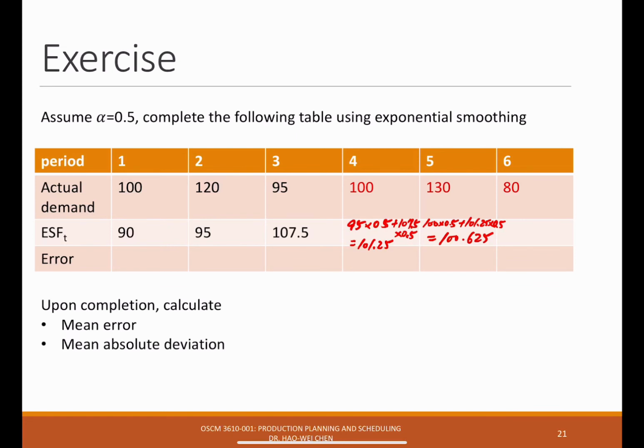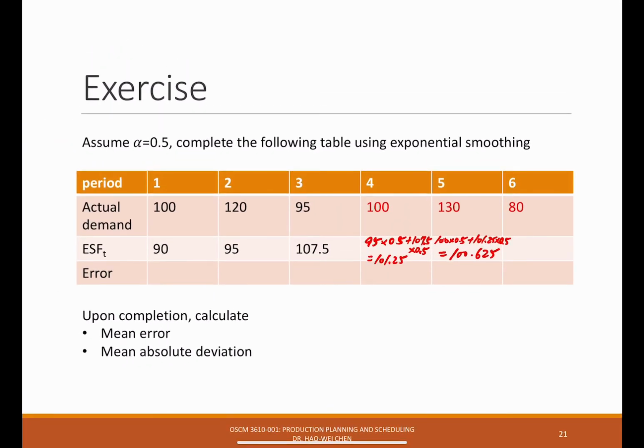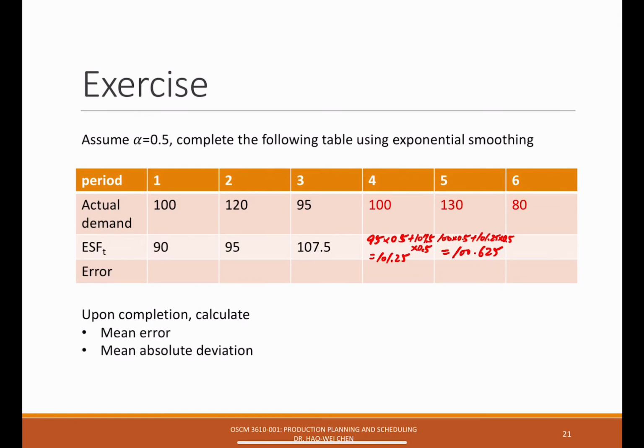Then for period number 6, it will be 130 times 0.5 plus 100.625 times 0.5. That will be, let's see, 115.3125. Then to calculate the error terms, we want to use the actual demand subtract by your forecast result.